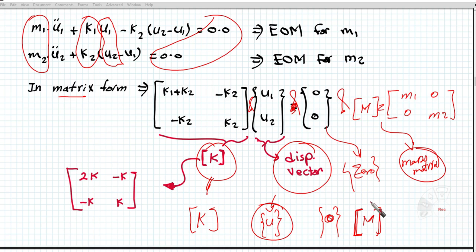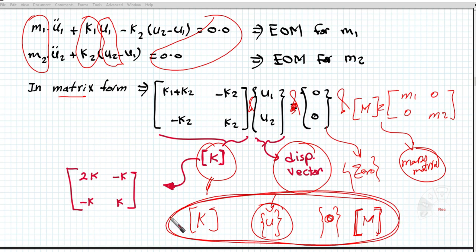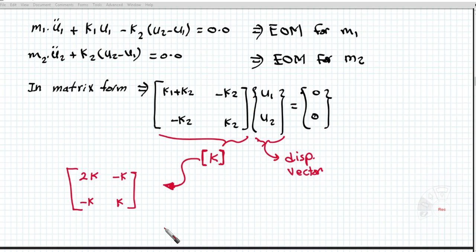These matrices and vectors are going to provide for us the second step in our solution, which is related to the determinant and obtaining the frequencies, as we are going to see shortly.